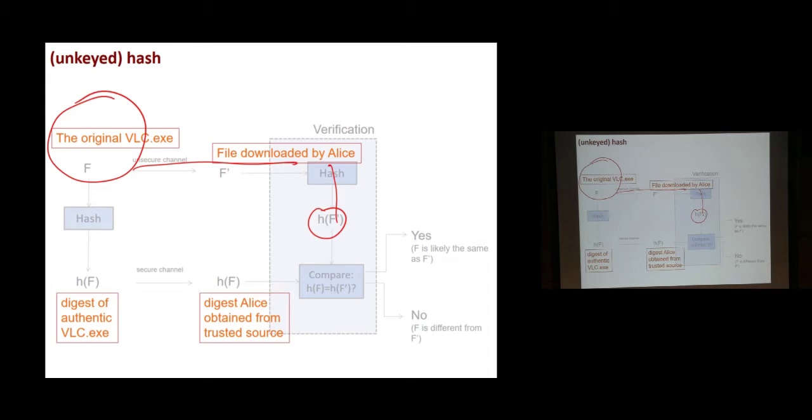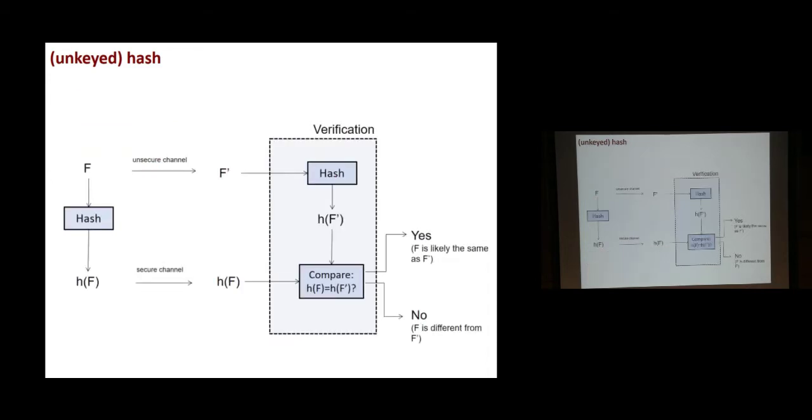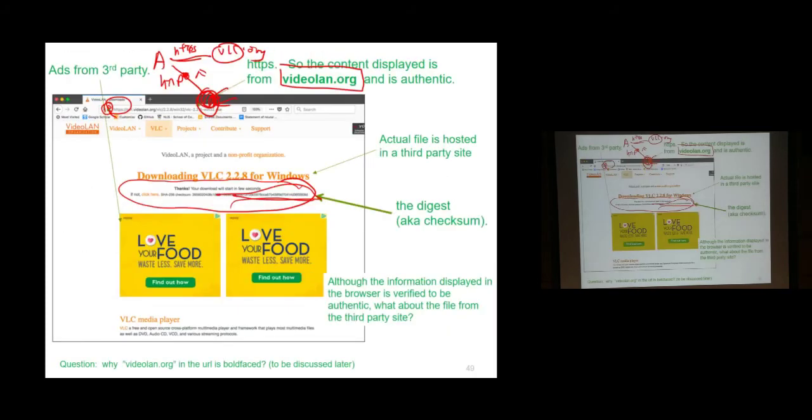So you look at this carefully, and you find that there are actually two channels, or two pieces of information, Alice obtained. One piece of information is the file. The second one is the checksum. The checksum, because it's displayed on this web browser, Alice is very sure that it's correct.